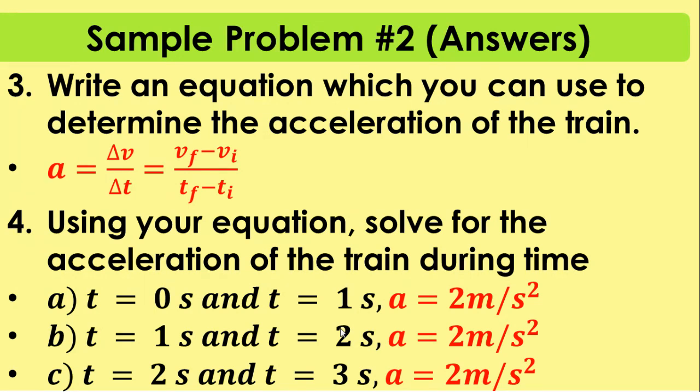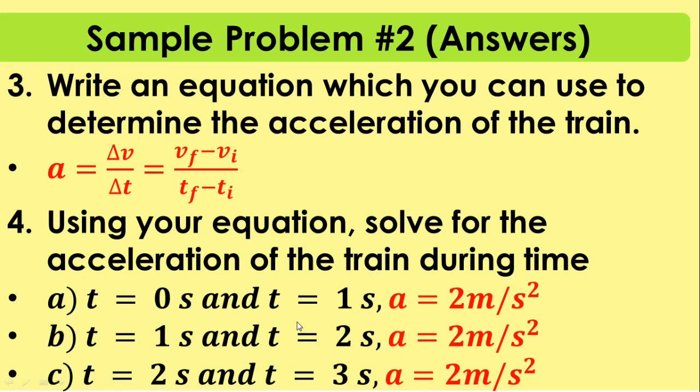And for letter C, the time interval is from 2 seconds to 3 seconds. Now again, para makuha po natin ulit yung acceleration na 2 meters per second squared, we just need to substitute the final and the initial velocity, and also the final and initial time for this time interval in letter C. Again, naiintindihan po ba? Again, paano po natin nakuha yung acceleration?